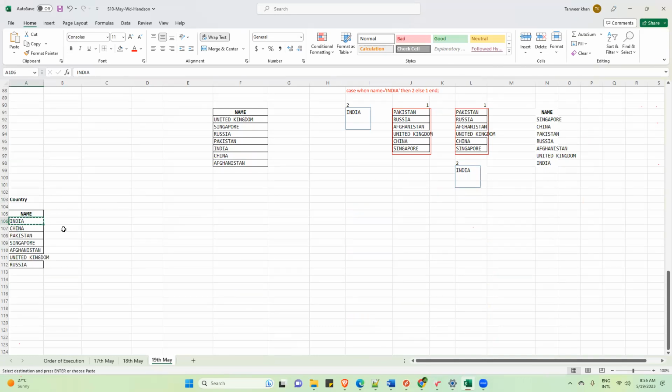India on the top. It means I want to place India here. The remaining countries in ascending order. So which one will come first? Afghanistan, right? Then China, correct? Then A, B, C, D, E, F, G, H, I. What will come then? Pakistan, right? Pakistan, then Russia, LMNOP, Russia.